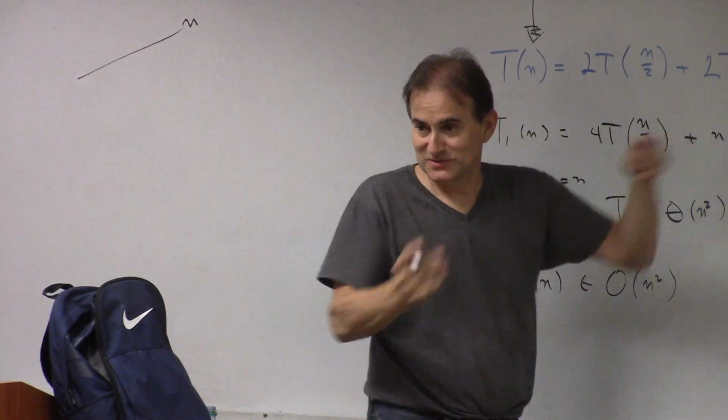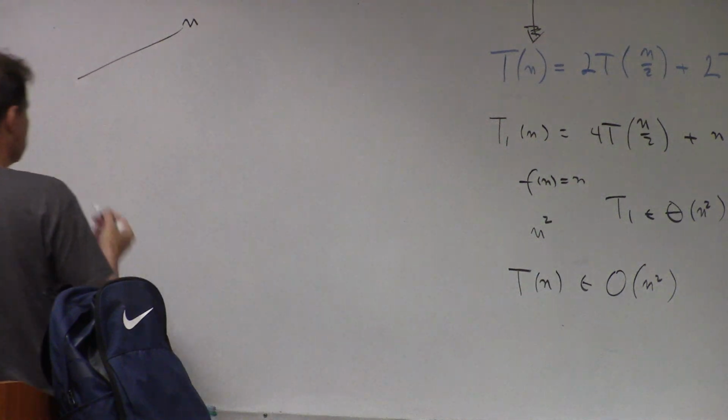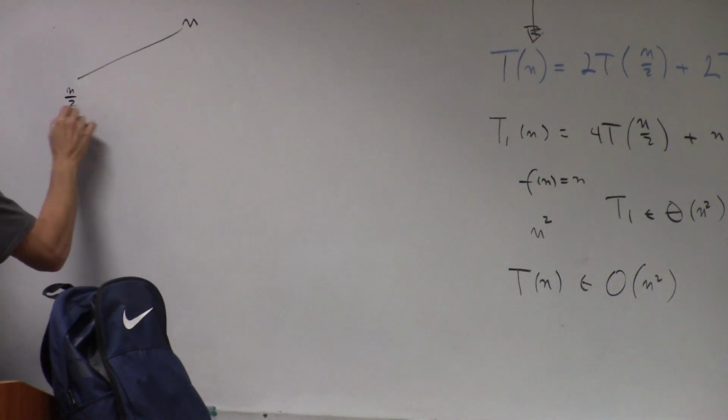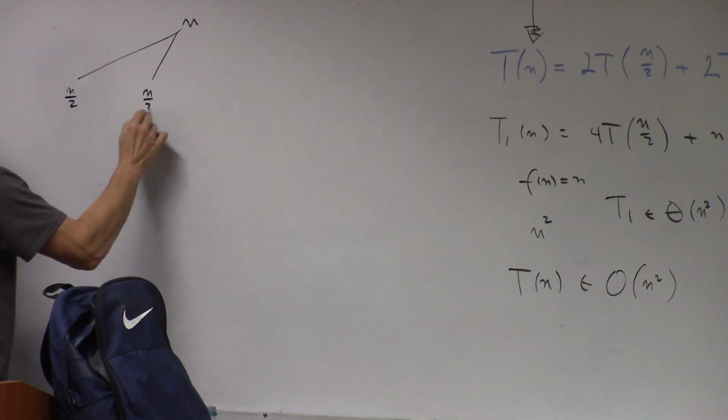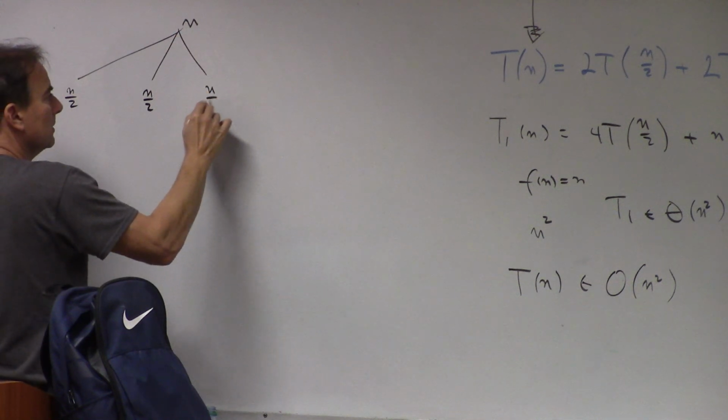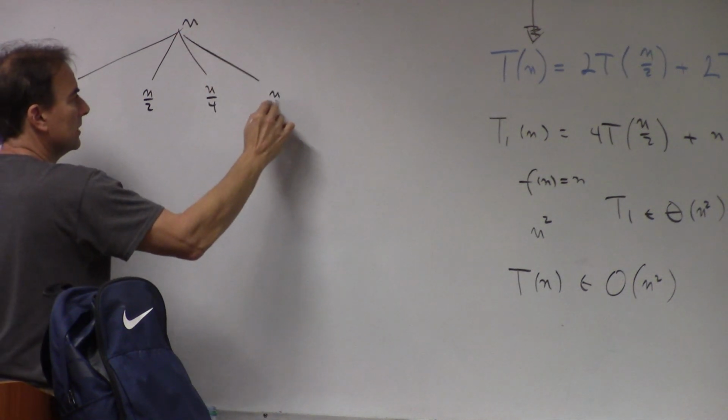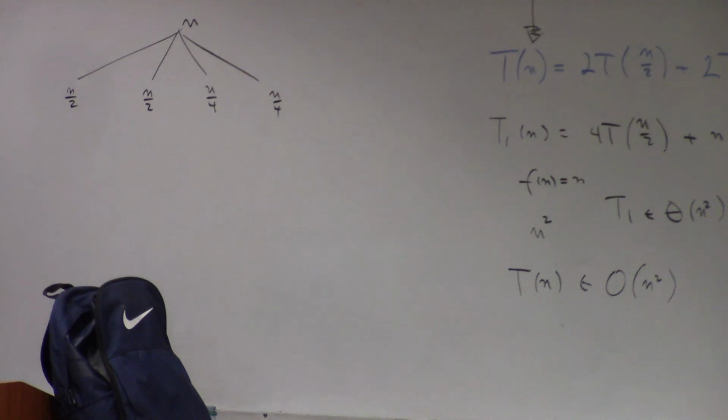This is easy because it's just a linear relationship. So it ends up being the 2 n over 2's and 2 n over 4's. That's the recurrence. So the recurrence tree is showing the actual work. We can expand it, right?